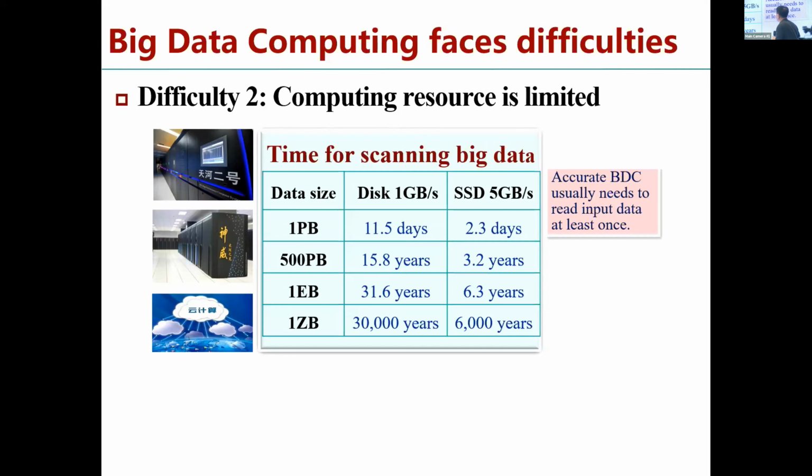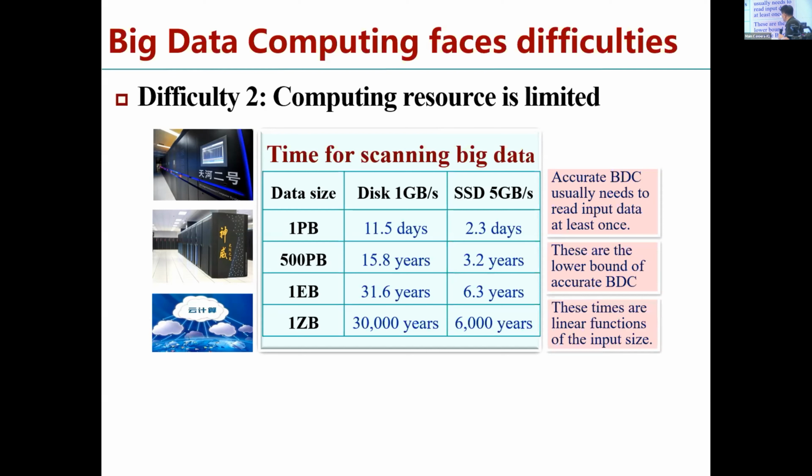We know that any accurate big data computing usually needs to read the input at least once. That means these times are the lower bound of accurate big data computing, and this time is a linear function of the input size.